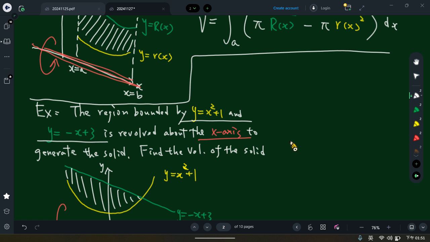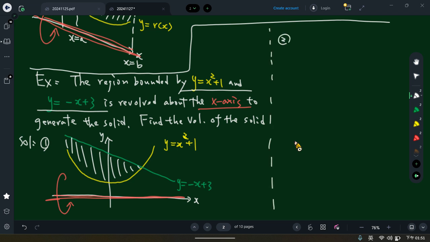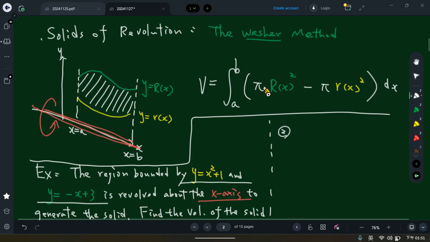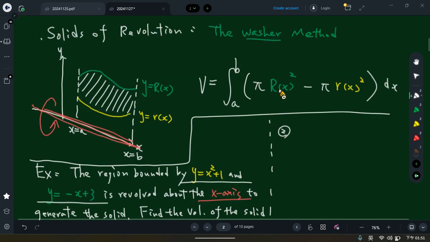Okay, so this is the first step, and the second step is, because you know, if we want to use the washer method, you need to have an outer one minus inner one, right?